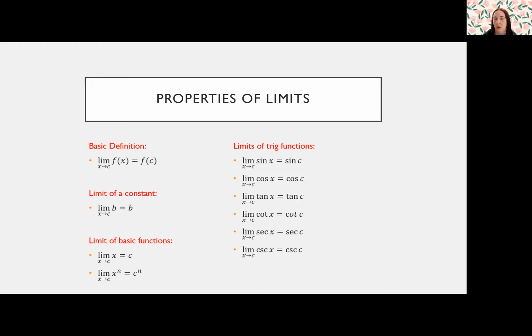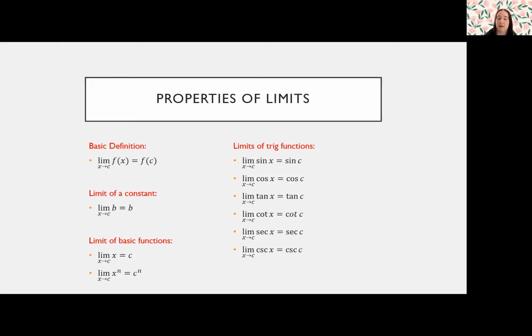If you want to know the limit as x goes to 2, you just plug 2 in for x, and that will be your answer. There are cases where that doesn't work, and that's where you start learning other tricks. Like with a vertical asymptote, you can't actually plug that number in. So then you have to look at different options, and that's where using a table comes into play, or doing a graph.